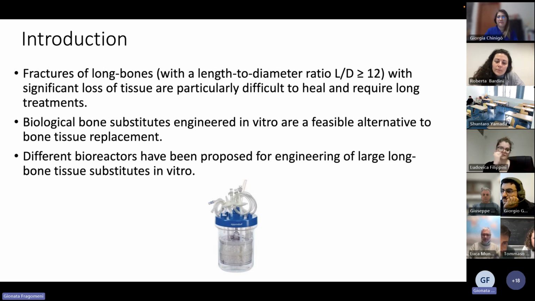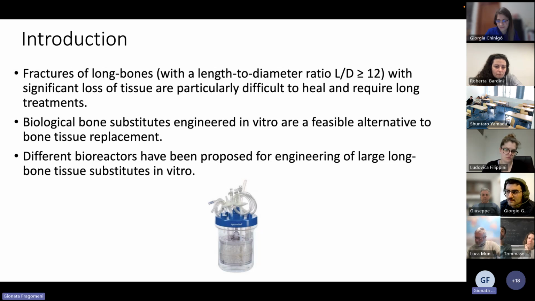And for this reason, optimizing bioreactor design might guarantee the supply of physiological nutrients to the cells, and control of the environment to ensure cell survival and to promote their proliferation as in a natural bone.